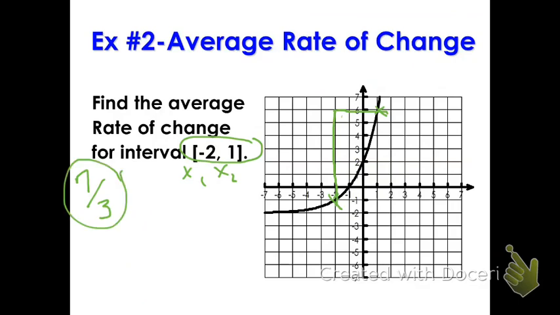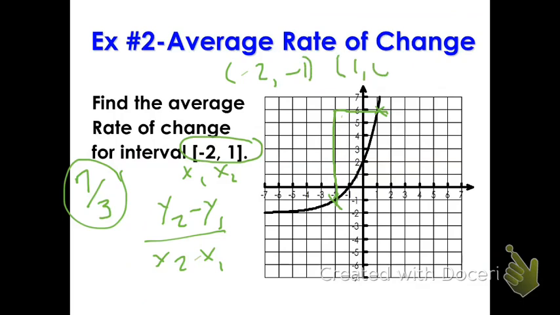Or you can do y2 minus y1 over x2 minus x1, and find your 2 points, which would be -2 and -1, and 1 and 6, and I guarantee you come out with the same answer. All right, guys, so good job. Let's move on to the next one.